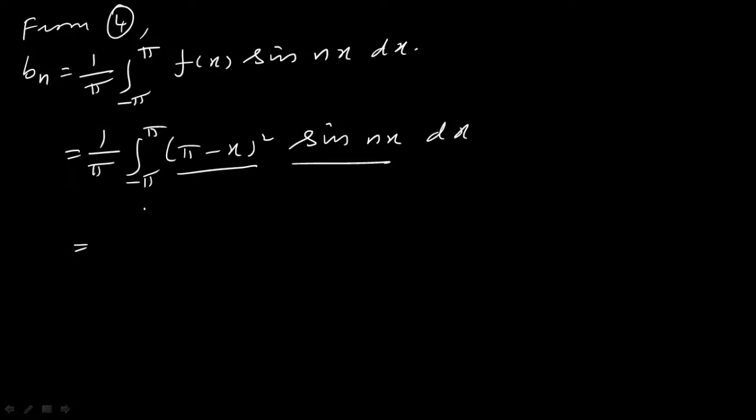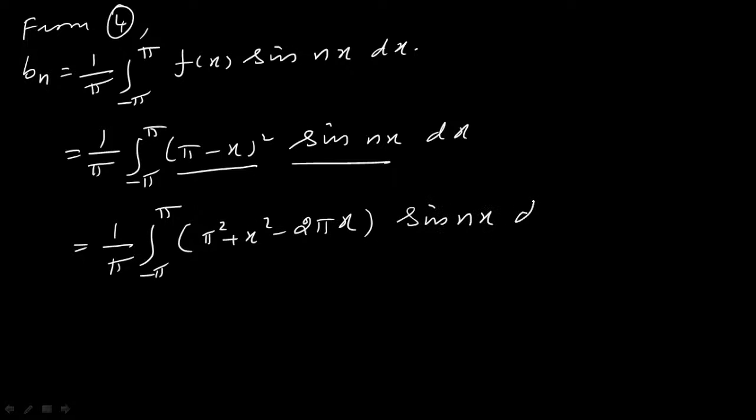The other way is a simple way of calculating the value of bn by making use of the odd and even function concept. So 1 over pi integral minus pi to pi, expand this, so pi square plus x square minus 2 pi x sin nx dx.